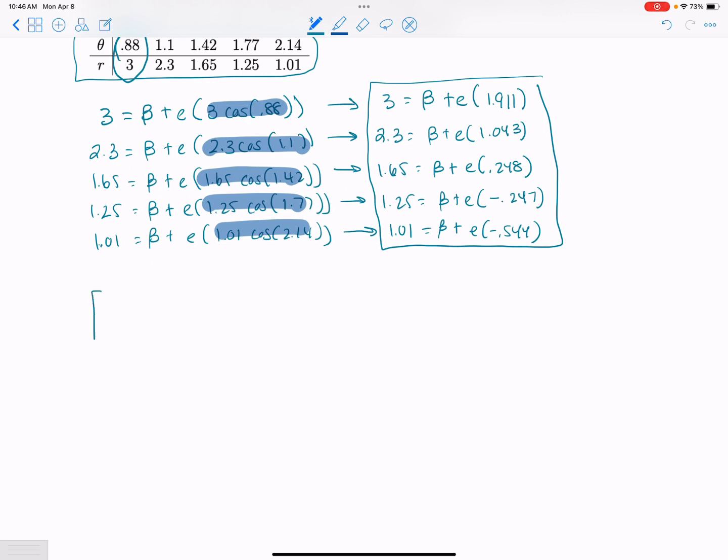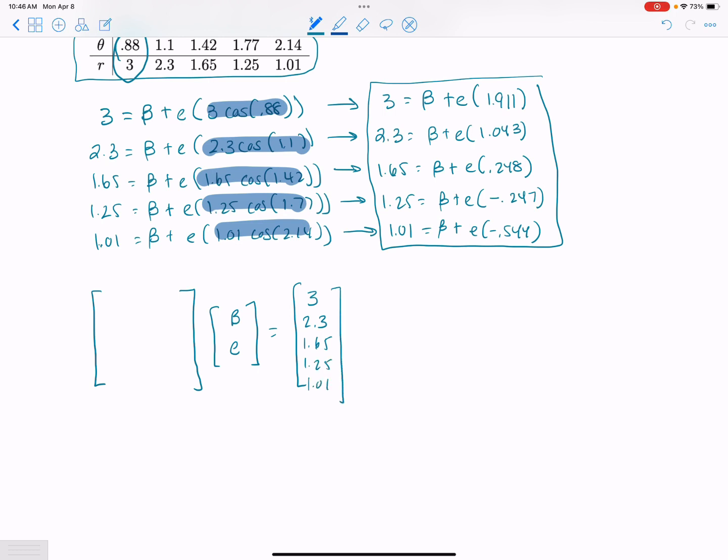So A, my x is beta, e, those are the unknowns. And my right-hand side is 3, 2.3, 1.65, 1.25, and 1.01.